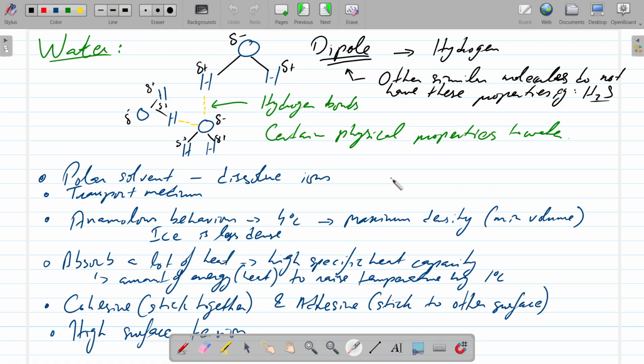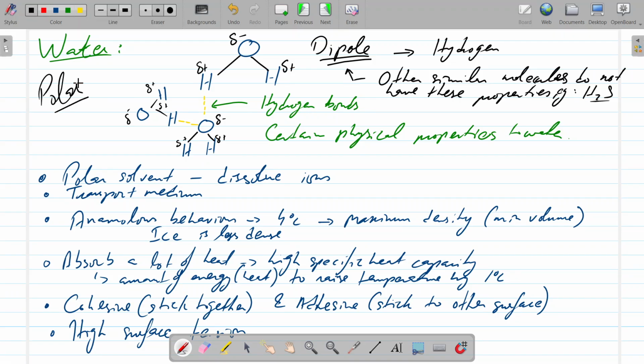Then water has certain properties, primarily because there's a dipole, so it is a polar liquid. Molecules that have dipoles are called polar. I'll just add that down over here.